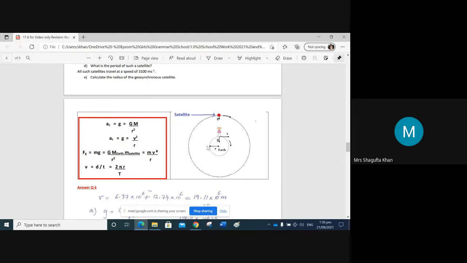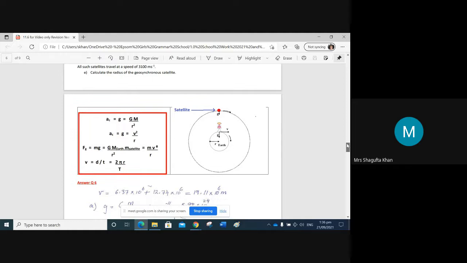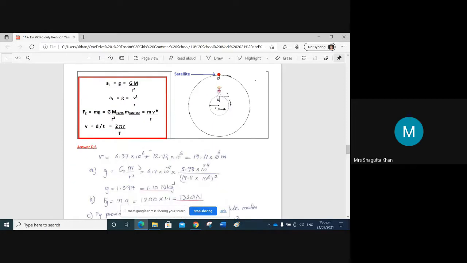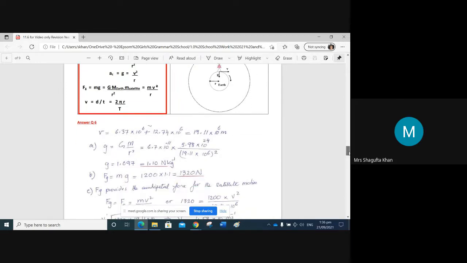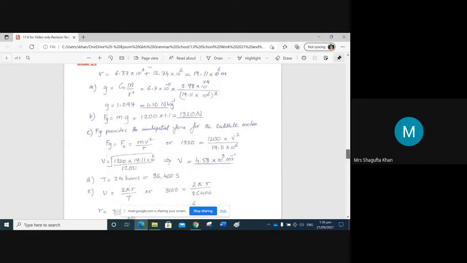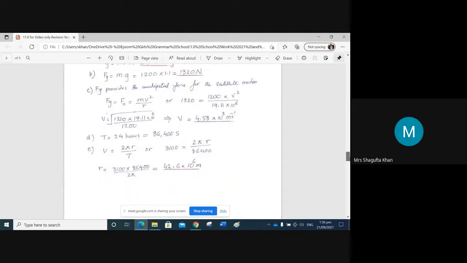The period of the Earth's spin is 24 hours, which can be changed into seconds. So this satellite will have the same period so that it always stays at the same position for the communications between different cities and countries. Again, using the same equations, we can calculate these types of problems. So that was also an example of horizontal circular motion.